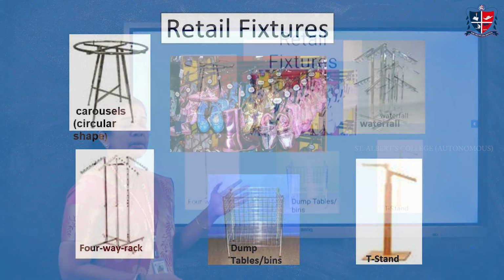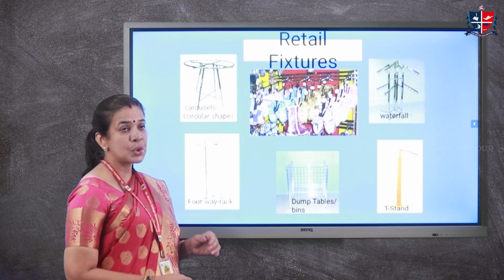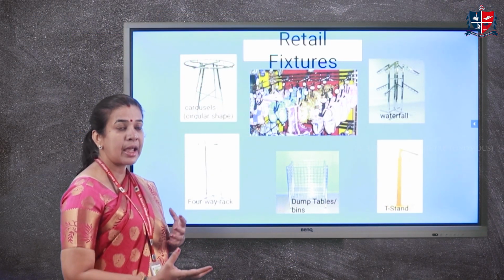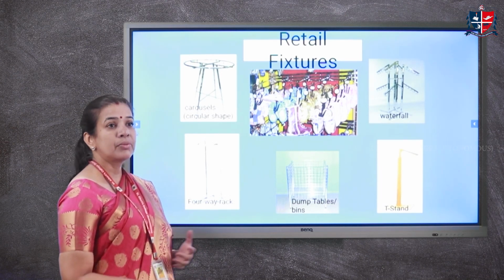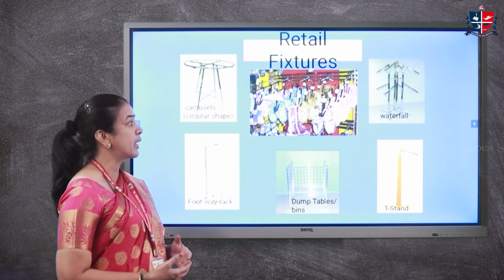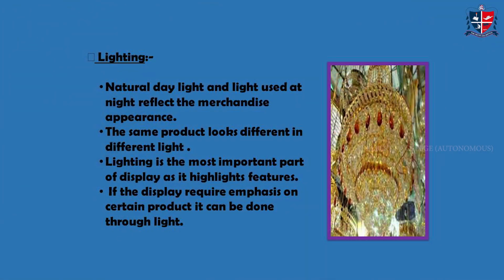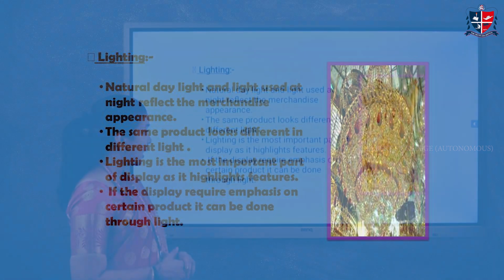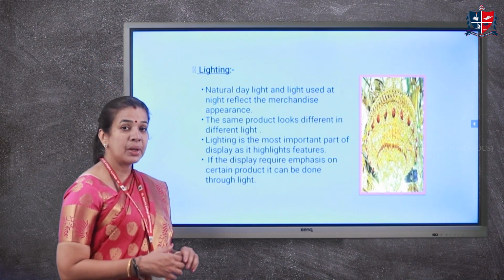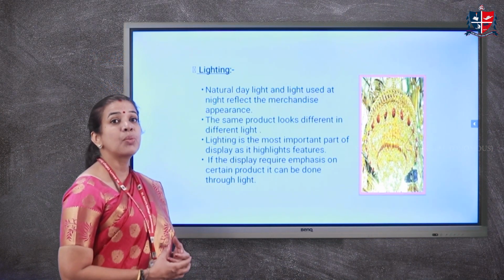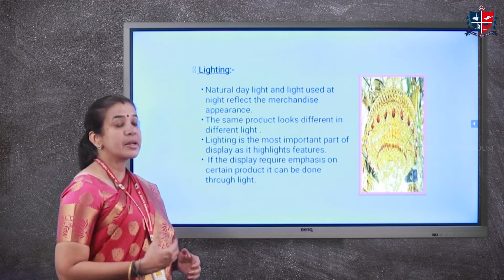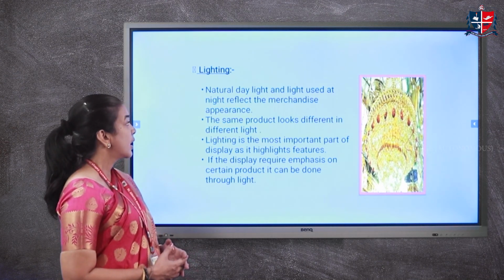Each one the retail store manager has to use according to whether you're running a sale or it is a general time that you are displaying items, and what kind of items you want to display. Lighting is another important component which the retail store manager can use according to the things that he wants to highlight and push across.